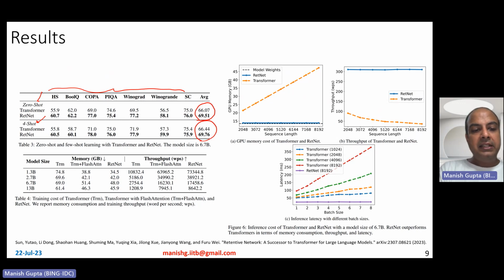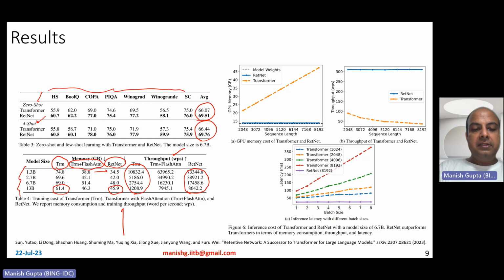What you also observe is that if you compare transformer or even transformer with flash attention with RetNet across different model sizes, the memory consumption drops, right? So standard transformer, for example, takes 61.4 GB memory for a 13 billion model, while RetNet takes around 46 GB. Throughput, essentially in words outputted per second, is much larger for RetNet models than for the standard transformer model.